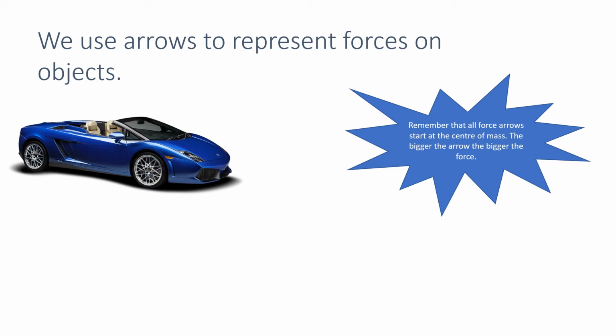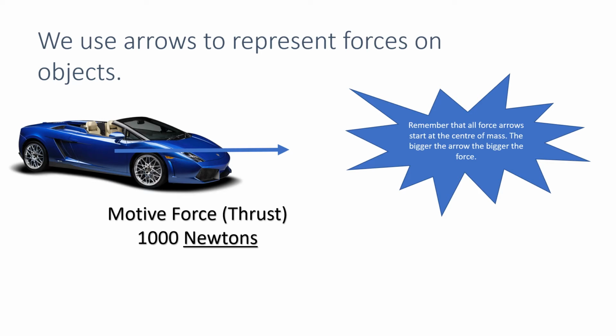It's important that you use a ruler so you can show the different sizes of forces, and if they are the same size, you get the same length of arrow. The forward force, the thrust on this car, is 1,000 newtons.